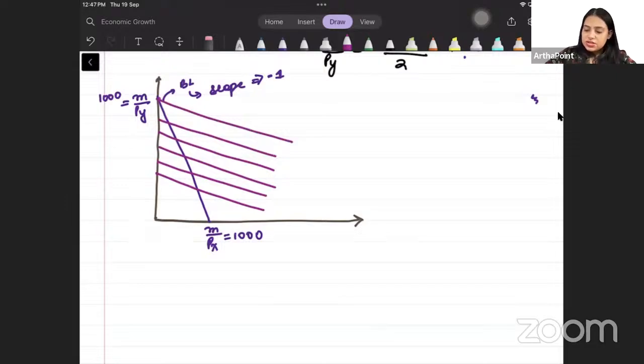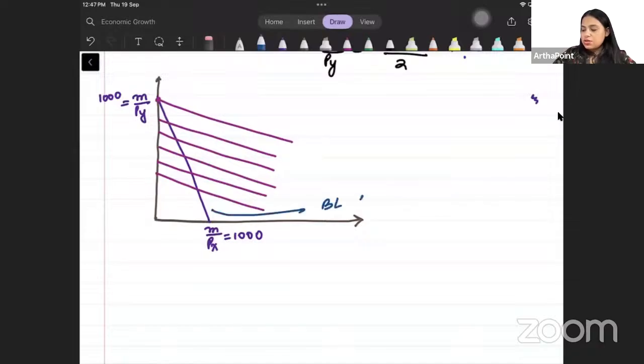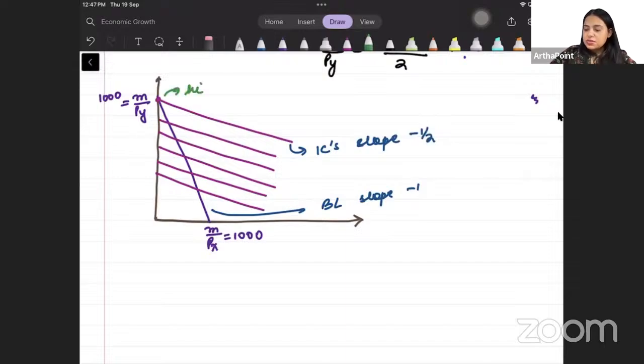Right? And this you can just mention here itself. Budget line, slope, -1, ICs, slope, -half, highest indifference curve reached. What you're doing here?